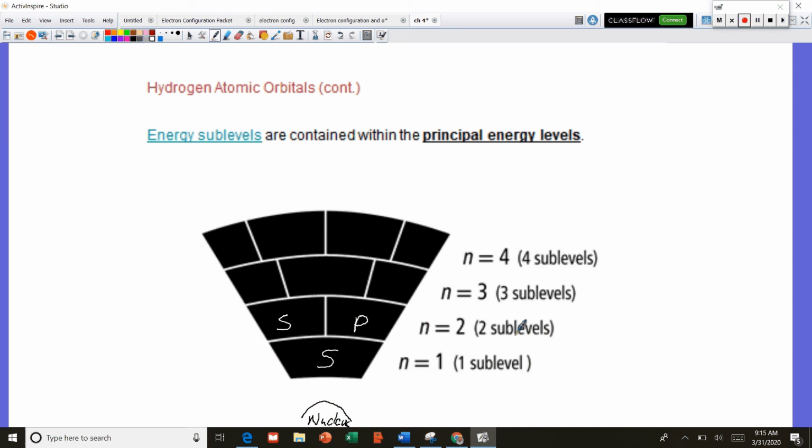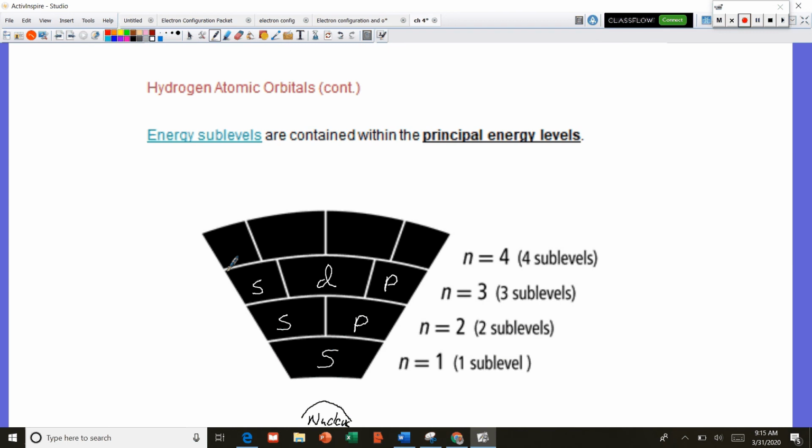All right. In N3, we have an S, we have a P, and we have a D. So 2 plus 6 is 8, plus 10 is 18. That's where we get the maximum number of 18.